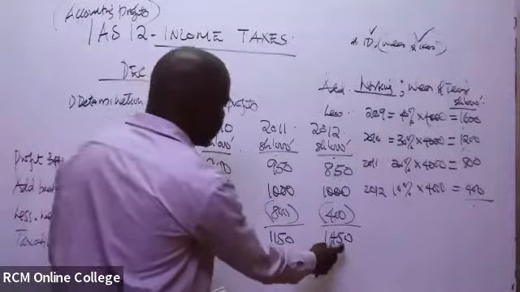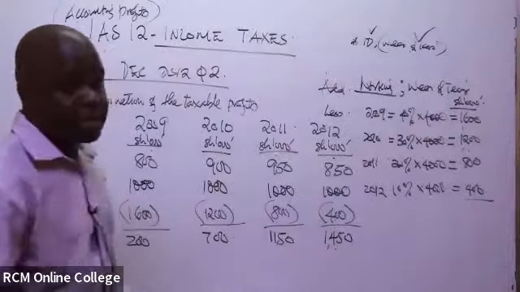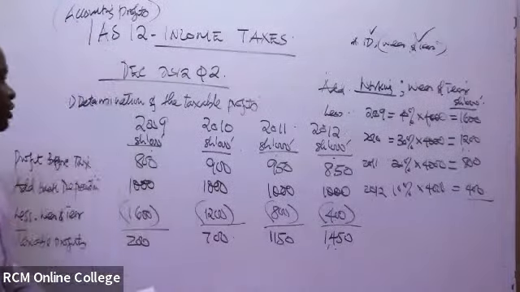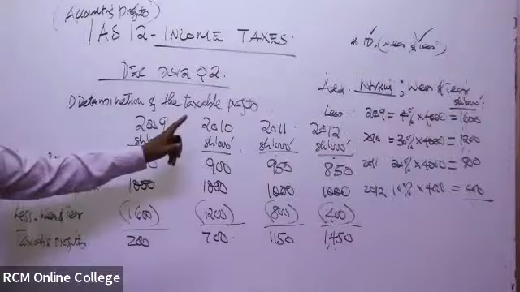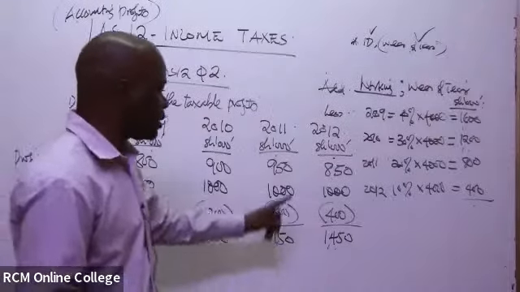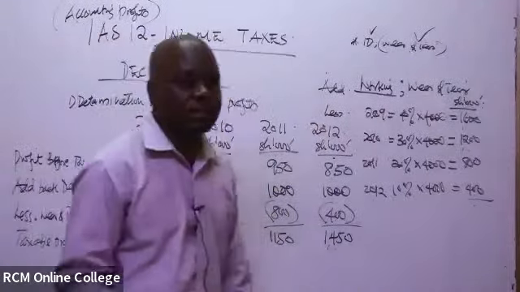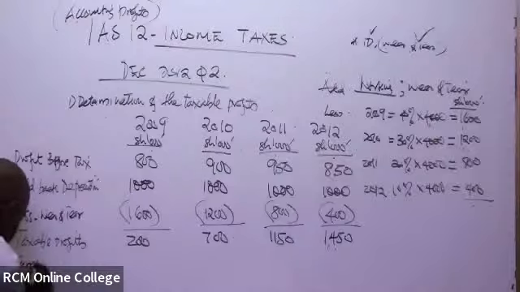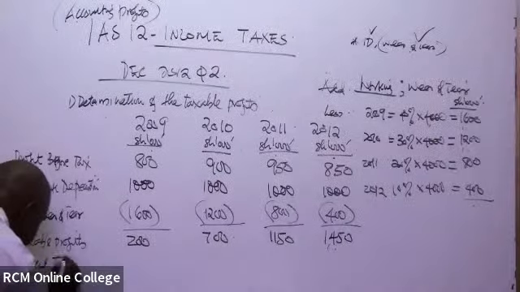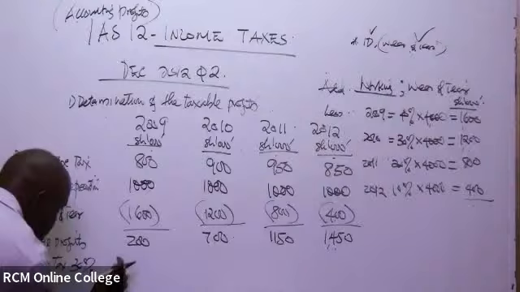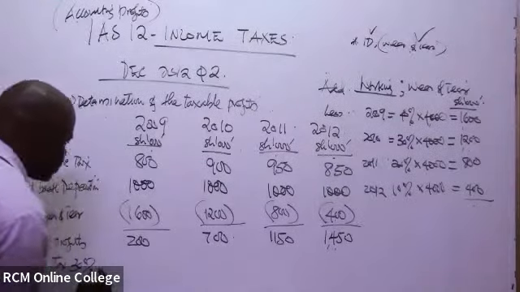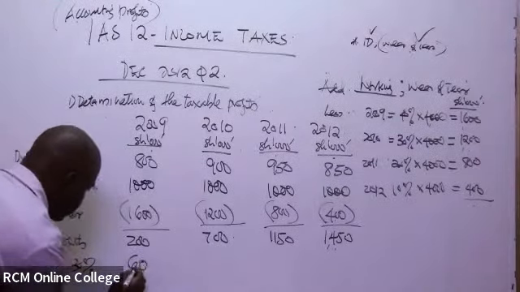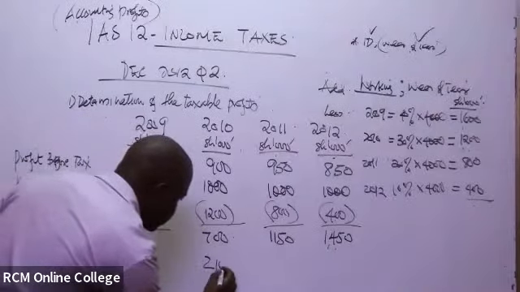That is the tax they'll have to incur in each and every current year. So 30% of this, 30% of this, 30% of this. That will be the current tax. So in this case, this one is actually 60. This one, I think it is 210. This one is how much?